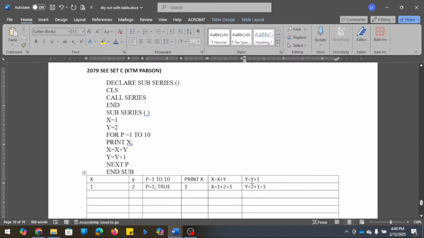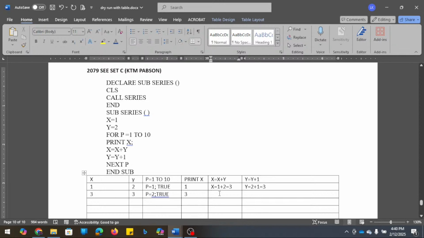Now in the next iteration, x becomes 3, y becomes 3, and p becomes 2. That is true again. So what is going to print? Print x means 3. It prints 3 here.